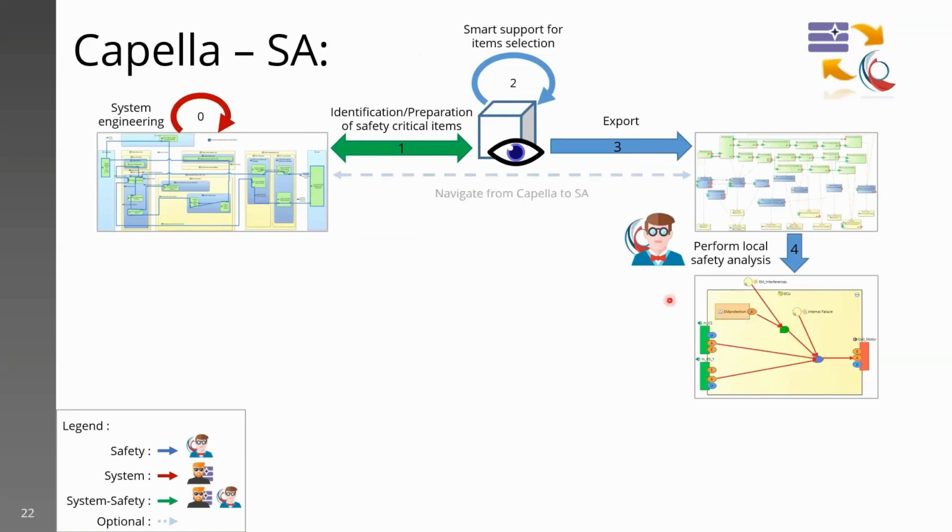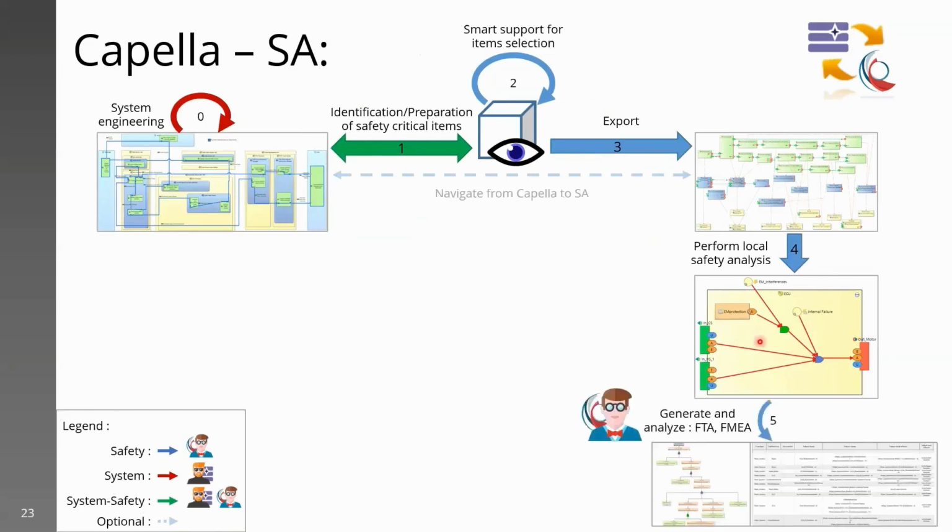To perform the local safety analysis, if you don't want to navigate in the system architecture in Safety Architect, you can navigate in the system architecture in Capella to open the corresponding view in Safety Architect. Again, I will show you this during the demo. Next, we can perform the safety analysis, so generate FTA, FMEA tables, etc. If needed, safety mechanisms must be added.